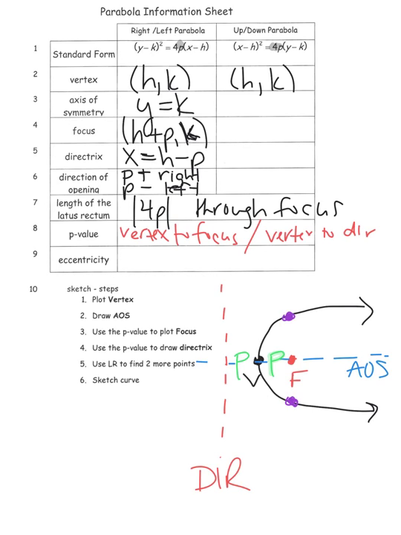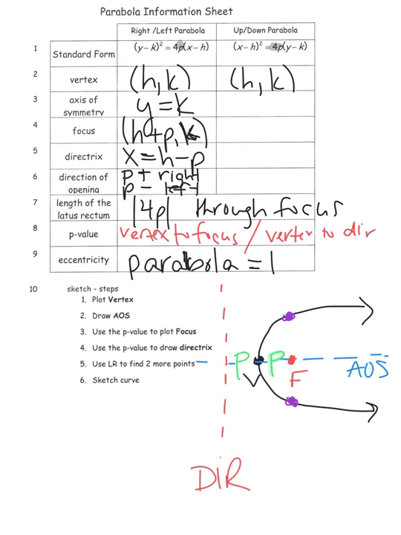And then the eccentricity of a parabola, for a parabola it's always 1. And the eccentricity simply means the distance from the focus to any point on the parabola, and then that point on the parabola to the directrix. And it's the ratio of that. So I'll explain that a little bit more in detail when I see you guys in class.